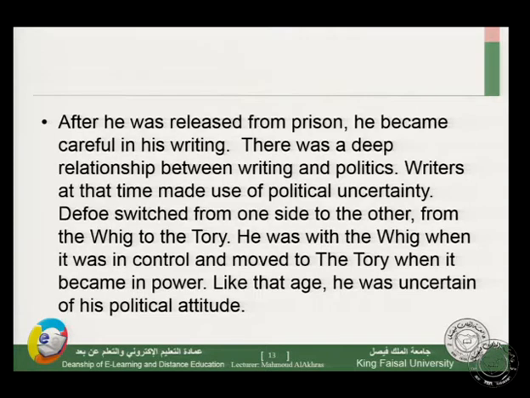So he switched from one party to the other because of his uncertainty at that time. Like that age, he was uncertain of his political attitude, sometimes with the Tory, sometimes with the Whig.